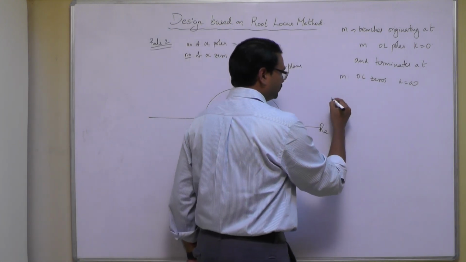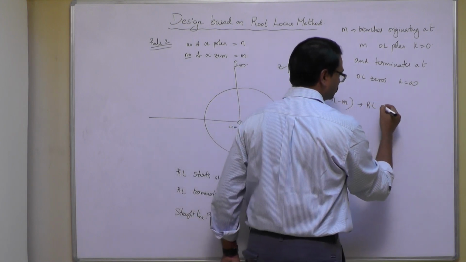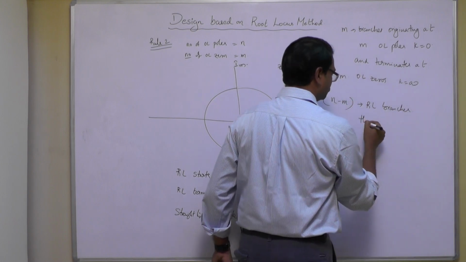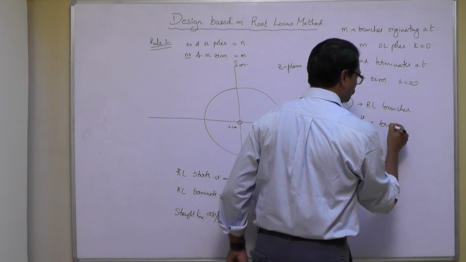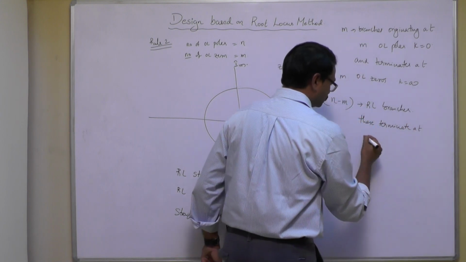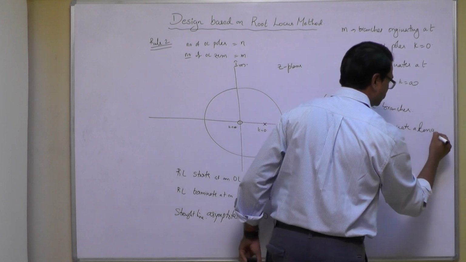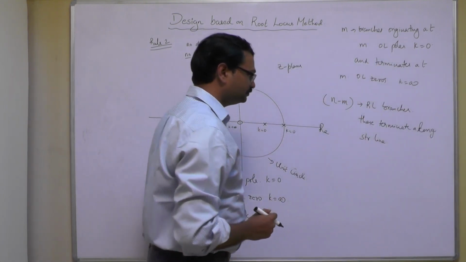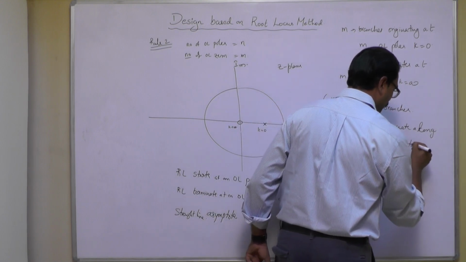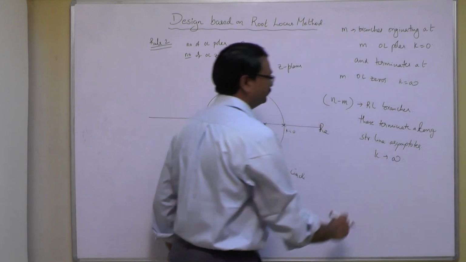Now what are the remaining branches we have? We have n minus m root locus branches. These terminate along straight line asymptotes, where k tends to infinity.